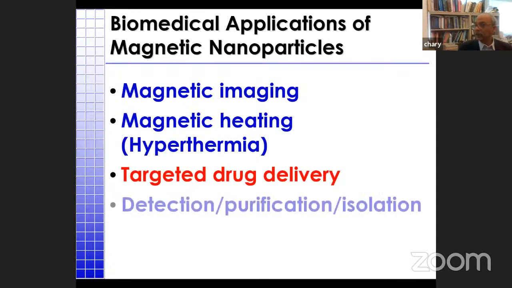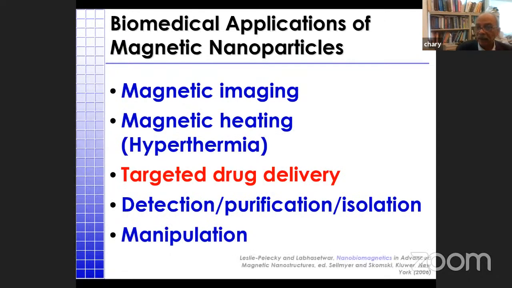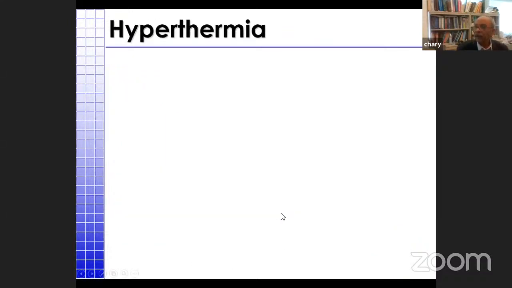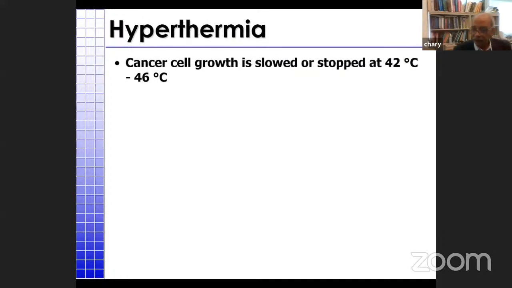Coming back to the biomedical applications of all these materials we have been talking about, you can take these magnetic materials and use them for magnetic imaging, heating, targeted delivery, and manipulation. Looking at hyperthermia, we know that cancer cell growth is stopped or completely inhibited when the temperature of the local tumor is in the range of 42 to 46 degrees Celsius.